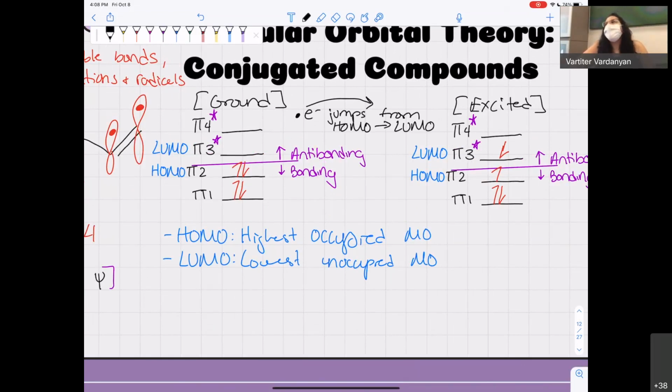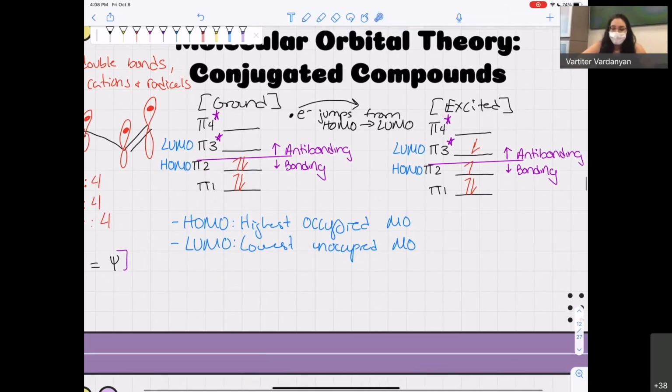If he were to ask you what's the most favorable jump of electrons, or the most favorable movement of electrons, it's always HOMO to LUMO, and the actual numbers depend on what molecule you have. So in this example, our electron jumped from pi 2 to pi 3. So the most energetically favorable was pi 2 to pi 3.